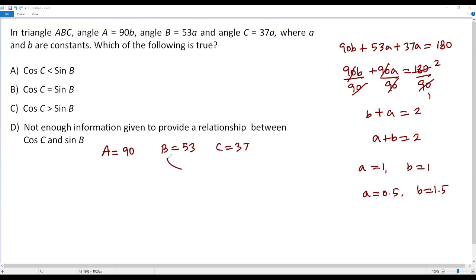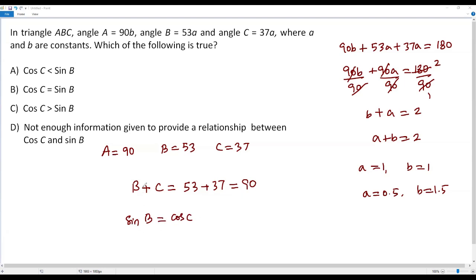Okay, here when I add the second angle and third angle, that is capital B plus capital C equals 53 plus 37, I am getting 90. So these two angles B and C are complementary because they add up to 90. Whenever two angles are complementary, the trigonometric ratio sine of the first angle and cosine of the second angle must be equal.